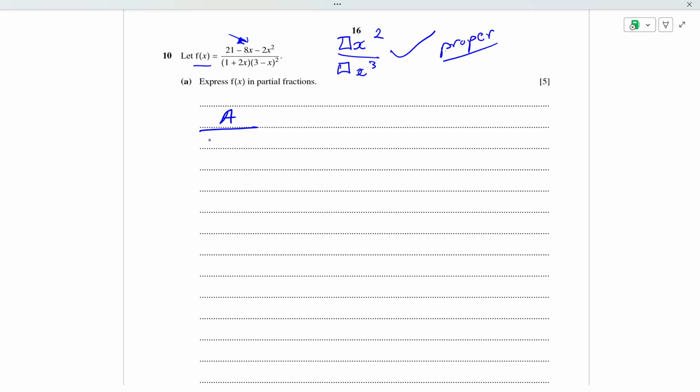So now the decomposition would probably look something like that: a over 1 plus 2x plus b over 3 minus x plus c over 3 minus x. Sweet. All right. And then that should be equal to f of x.